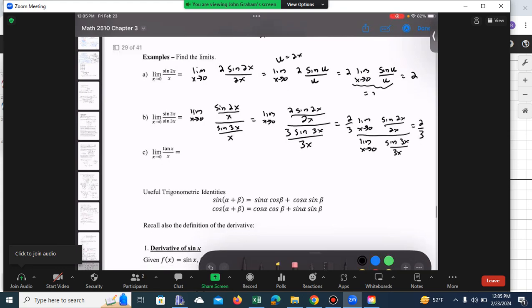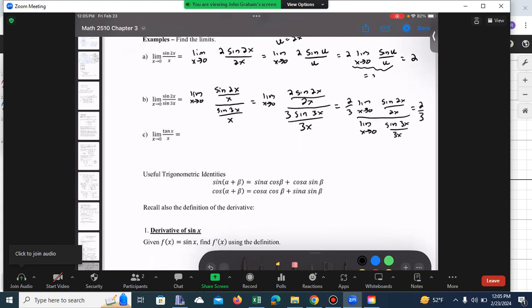And then the last one, limit as x goes to 0 of tangent x over x. We're going to switch tangent x to sine of x over cosine x, so sine of x over x cosine x. And then we're going to break this up, similar to what we did before. The limit of a product is the product of the limits.